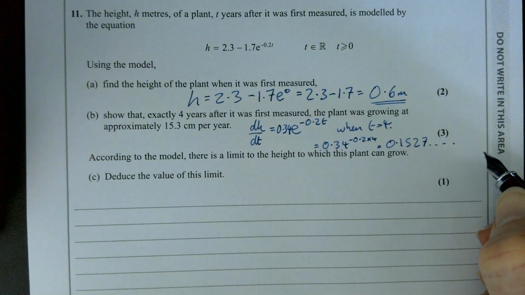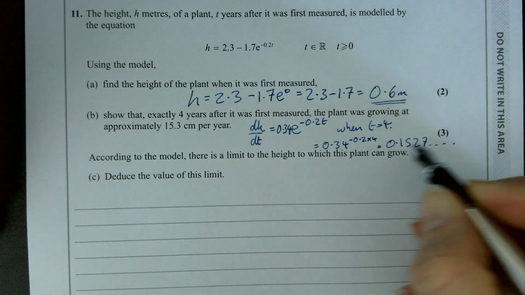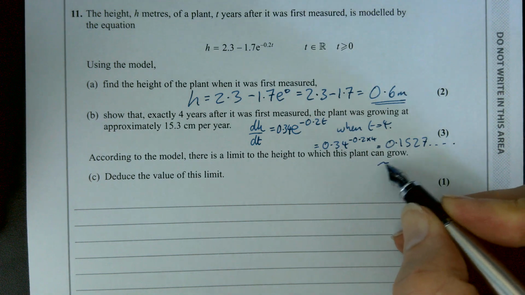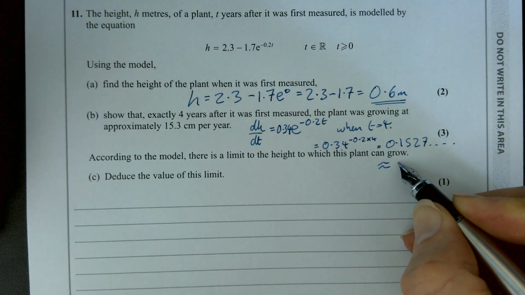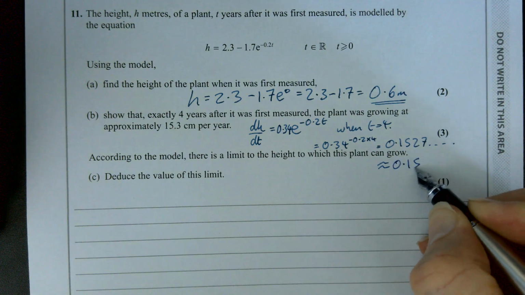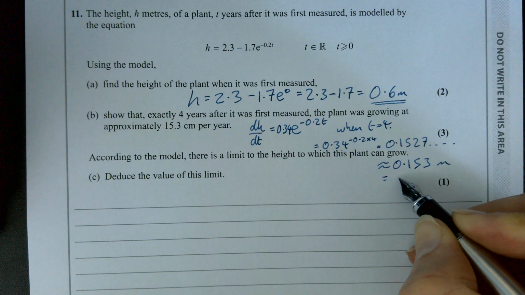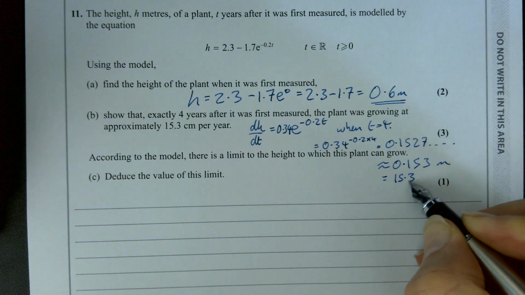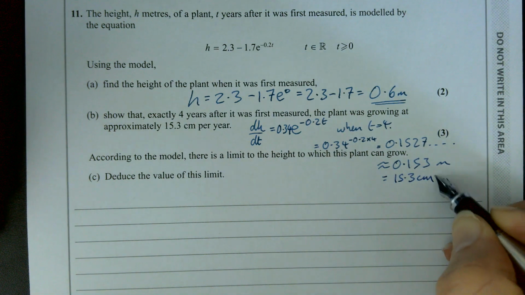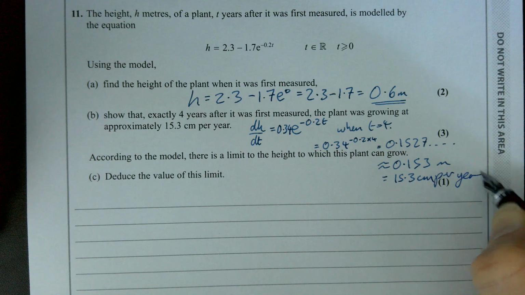So that does round to 0.153 meters, which is 15.3 centimeters per year.